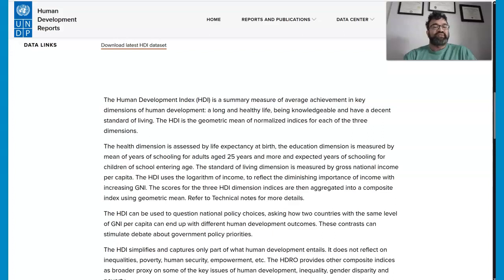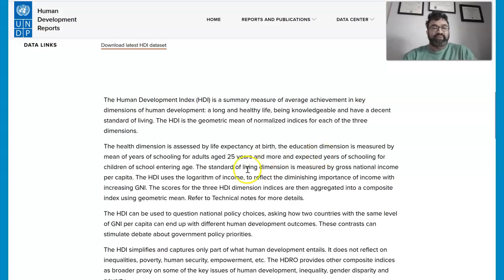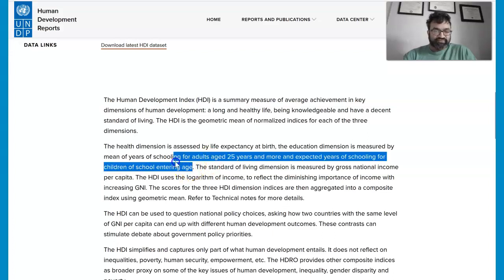So basically, this is all the individuals that have had some schooling, and that's the criteria, parameters of that criteria.